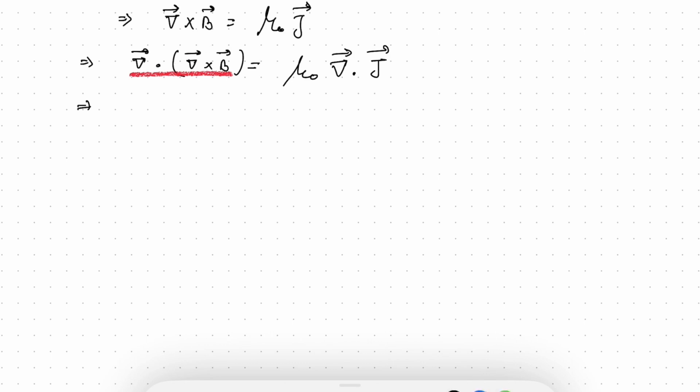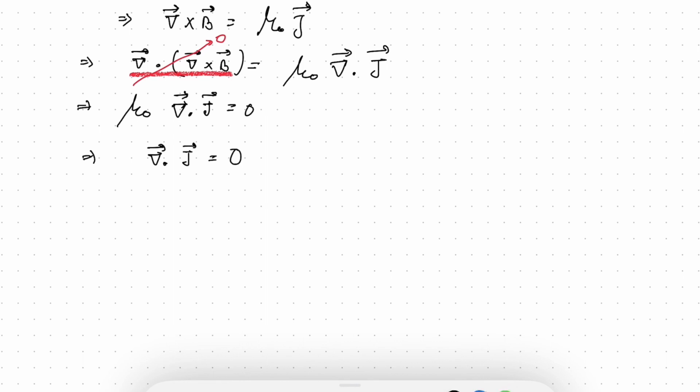That's why we get mu naught divergence of J is equal to 0. Why? Because divergence of curl of vector B is equal to 0. Okay, so hope you have understood this. So in this case, we will get del dot J is equal to 0.